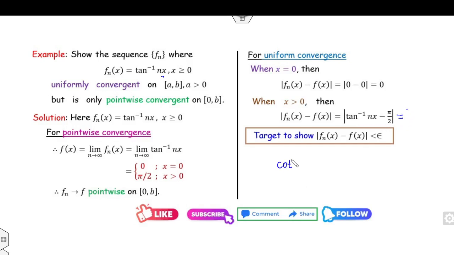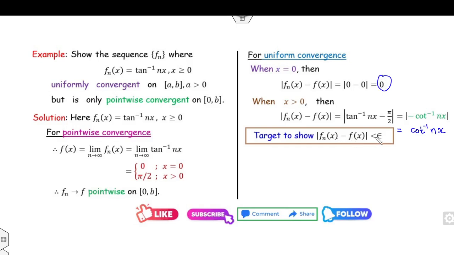We all know tan inverse a plus cot inverse a equals pi over 2. So tan inverse nx minus pi over 2 will be minus cot inverse nx. Because of the modulus sign, I can take this number as positive cot inverse nx.